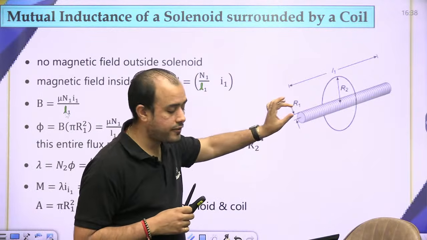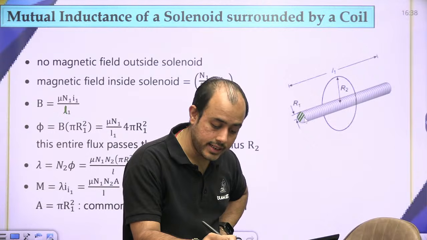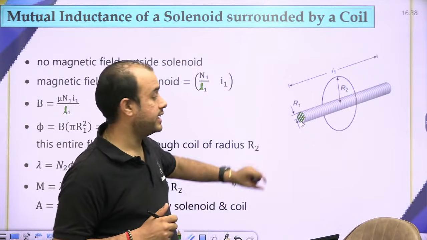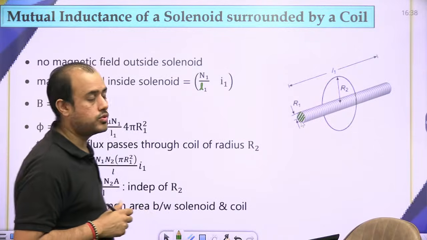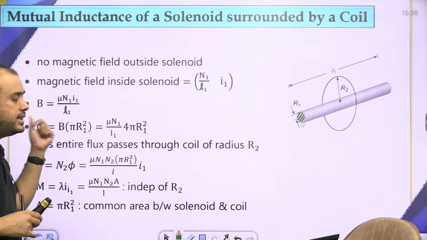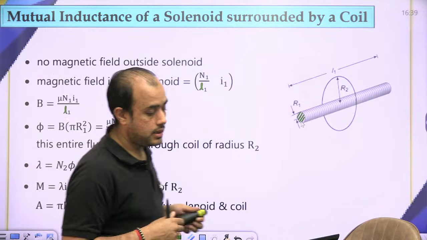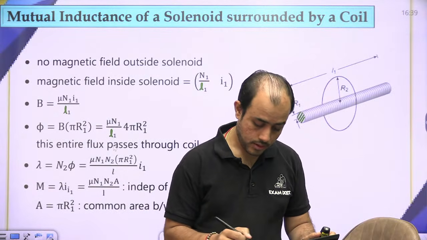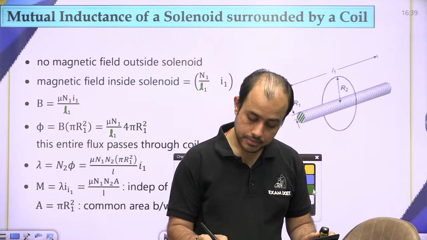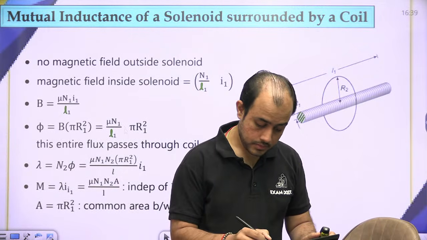The magnetic field of the solenoid is only in this area, not in the entire R2 radius. So flux will be B into πR1², so μN1I1 by L1 into πR1².